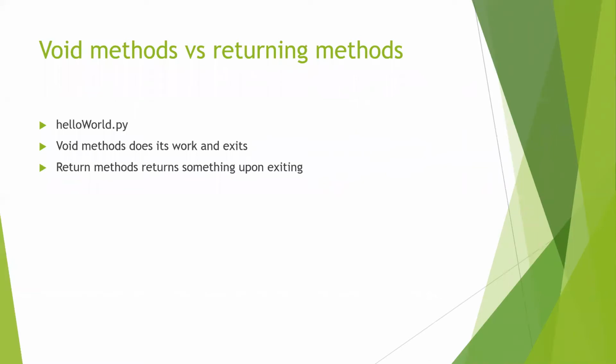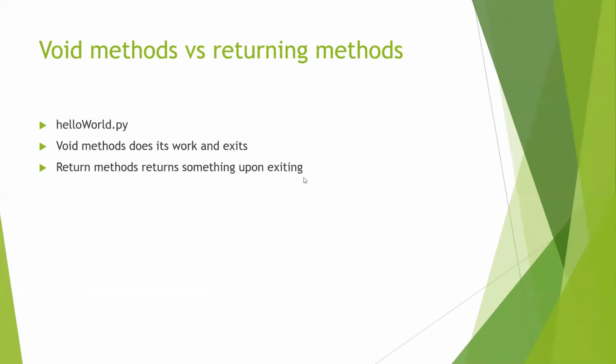All right. So now we are going to talk about returning methods and how to code one of your own. I want you to name this one hello world without the void. Before you write, I just want to briefly explain that void methods don't return anything, and returning methods return something.